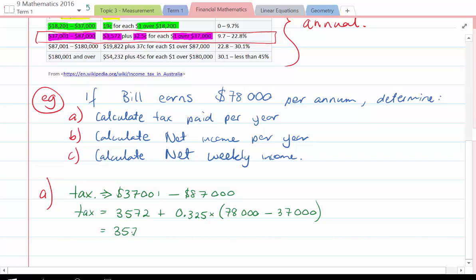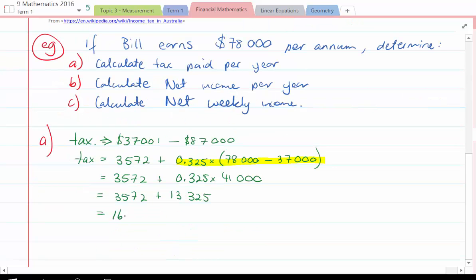So he'll have to pay this 3,572 plus 32.5 cents for every dollar he earned over 37,000. So 3,572 plus 0.325 multiplied by 41,000, which will be 3,572 plus 13,325.